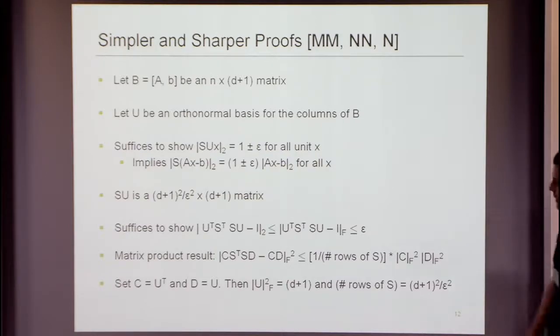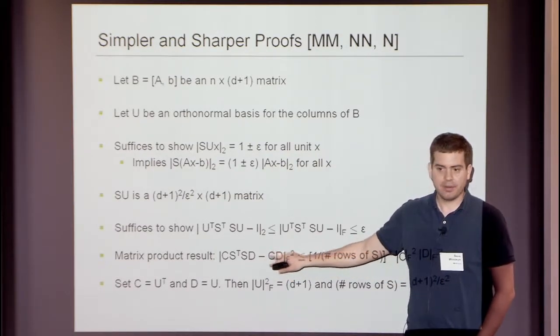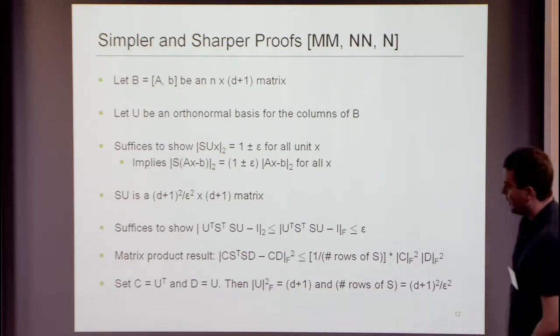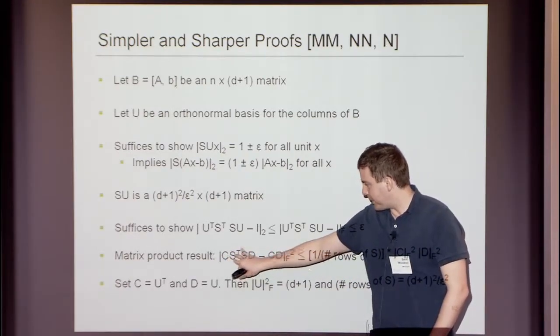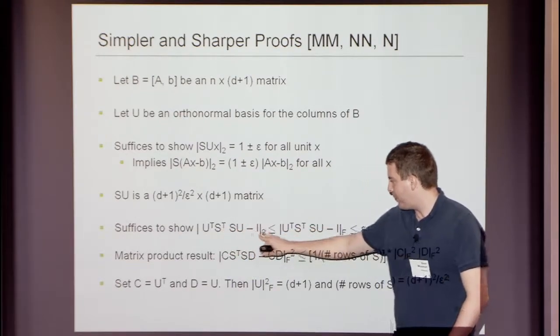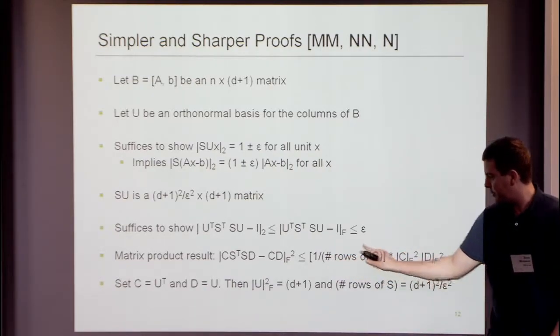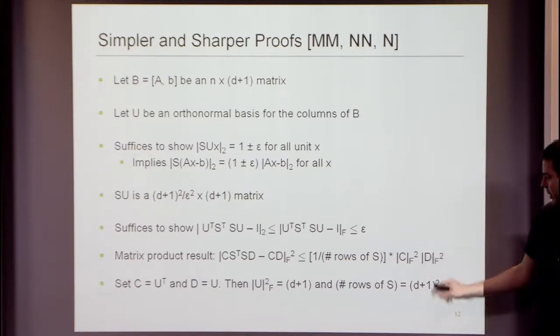So C times D is the identity matrix, and U transpose S transpose S U is exactly what we want here. So it suffices to bound this right-hand side by at most epsilon. You want to choose a number of rows as small as possible so that this is at most epsilon.